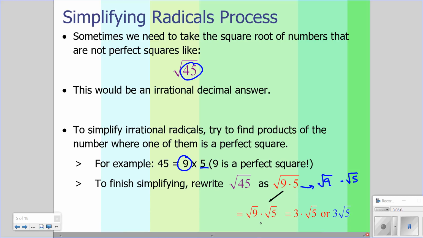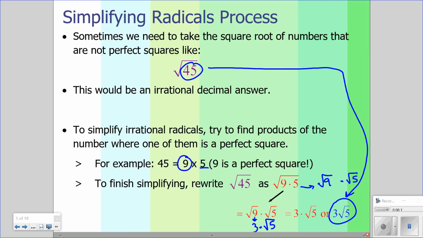And the square root of 9 is 3. And the square root of 5 is going to be an irrational decimal, so we will just write this now as 3 times the square root of 5. So the square root of 45 can be simplified fully to 3 times the square root of 5.